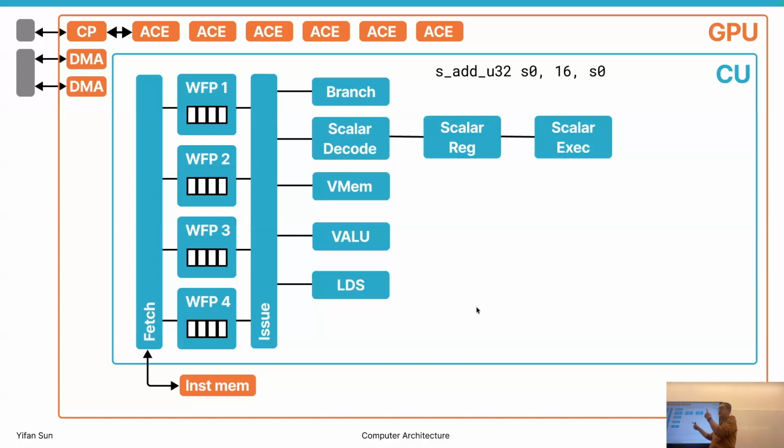Each stage takes one or more cycles, but you can simplify it as one cycle per stage. So first we decode, then we read the register. When we read the register, that means we read the register value onto the wires. There are many, many registers there in the scalar register file.